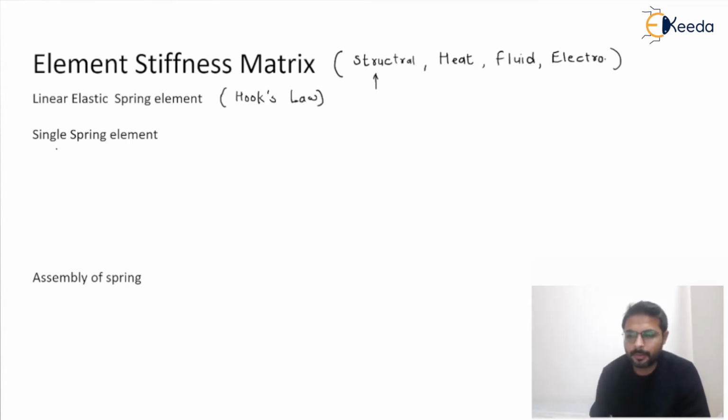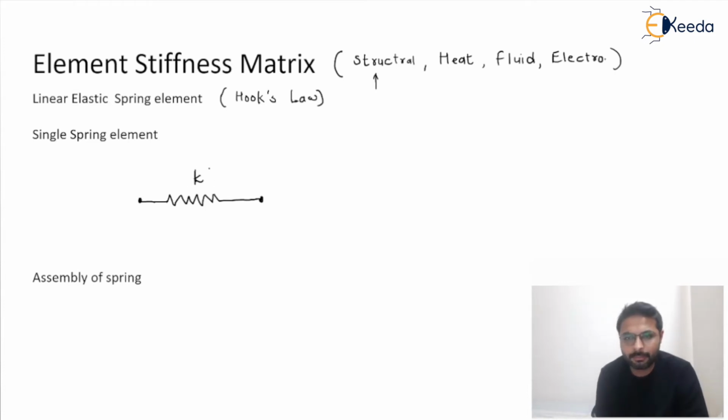In that case also we have two things. Either it's a single element like this, with two nodes, and in between these two nodes there is an element which has some material property. Let's say it's a small k.